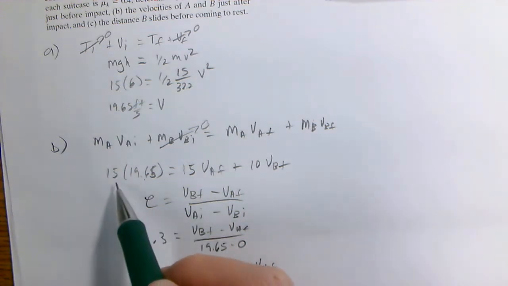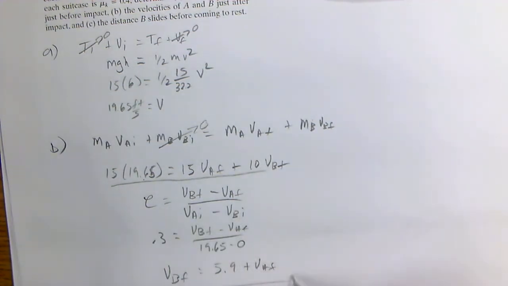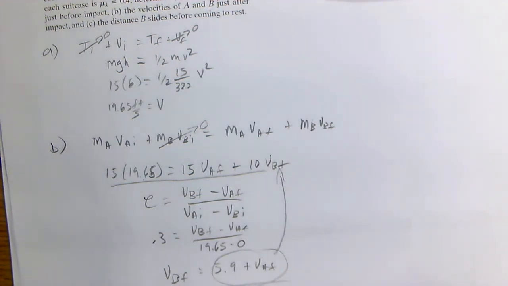So now we have two equations and two unknowns. Substituting this here into there, we get 294.8 equals 15 VA final plus 10 times 5.9 plus VA final.